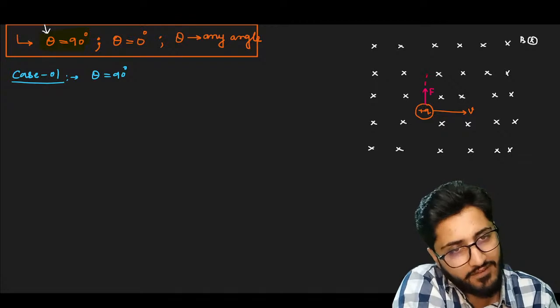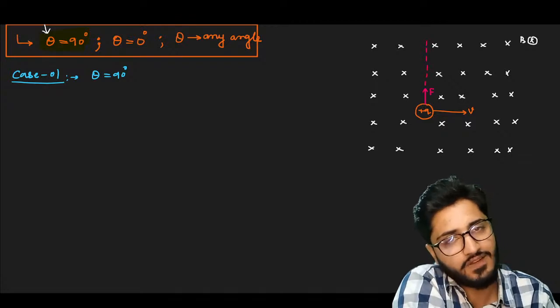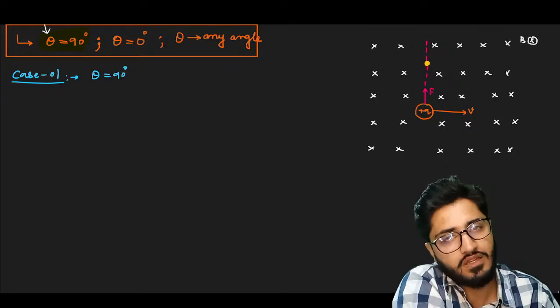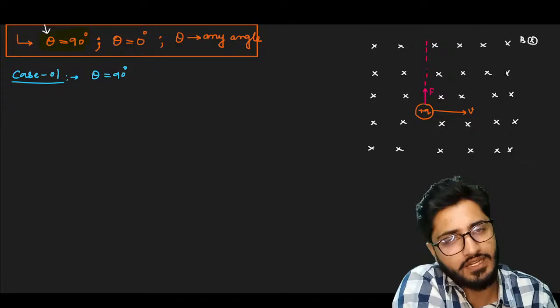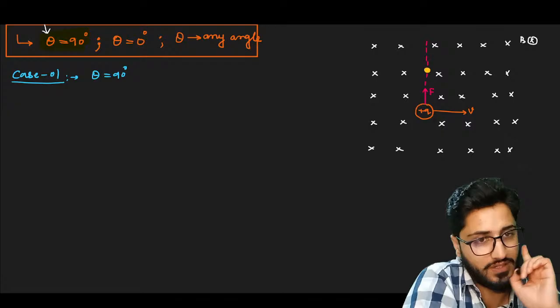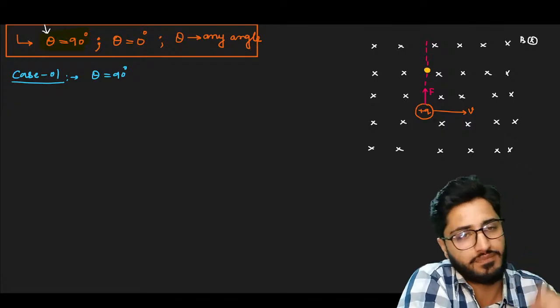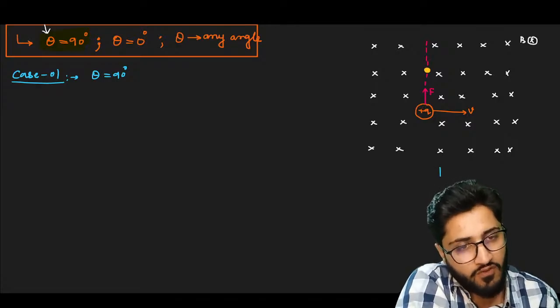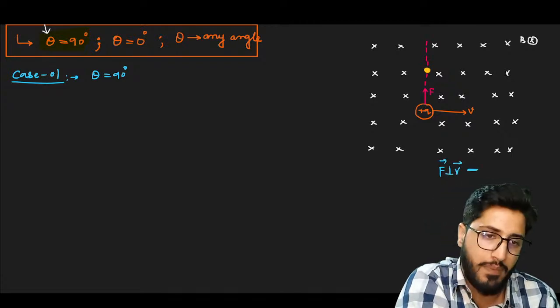Now just extend the F. My center will be here, but one thing is sure: my center will be on the force axis only. I will tell you the reason. Whenever force is perpendicular to velocity, the path will be circular.